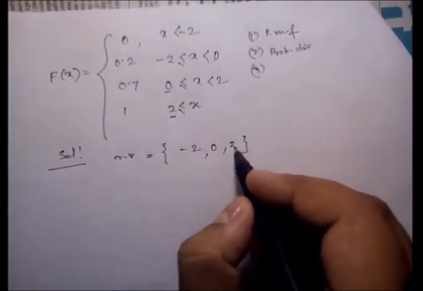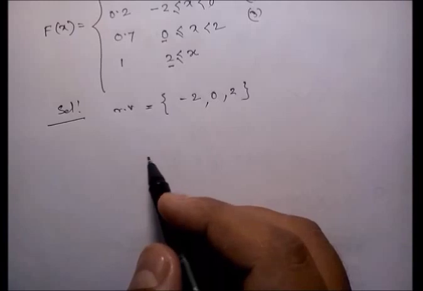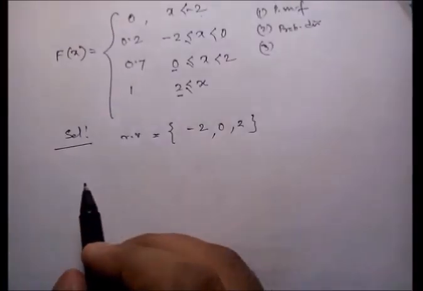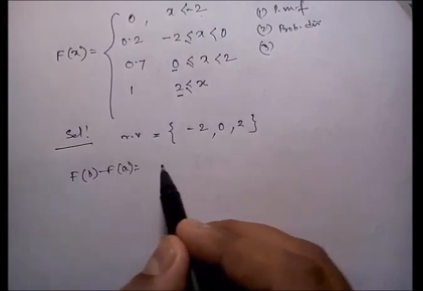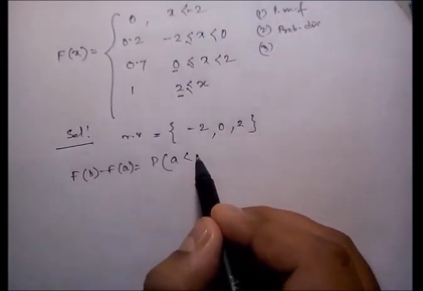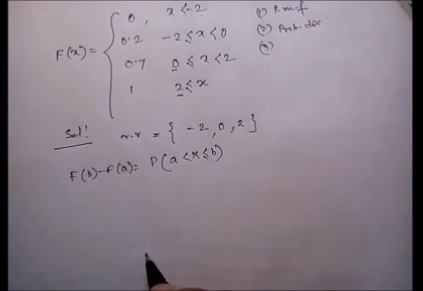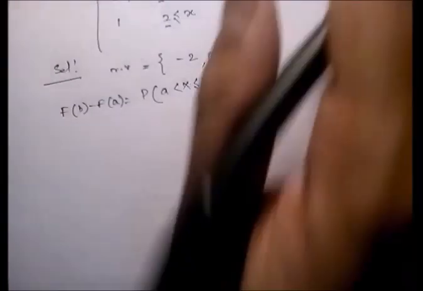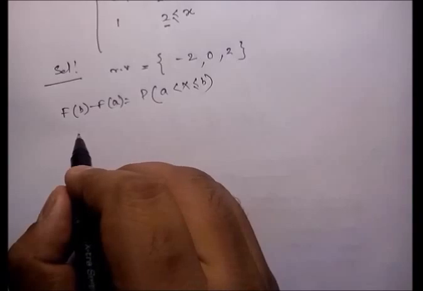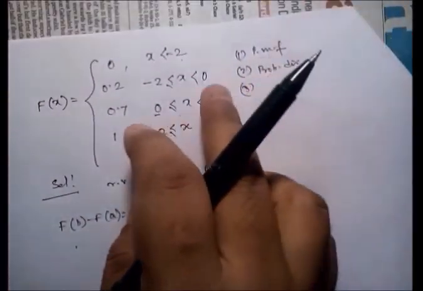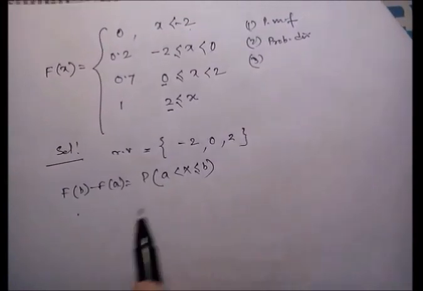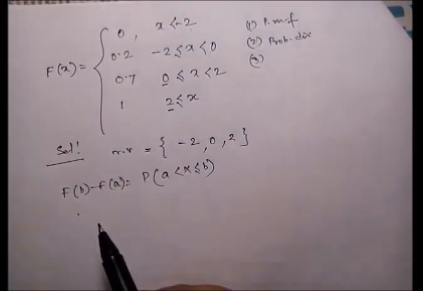Now we already know the formula: F(b) minus F(a) is equal to probability of X between a and b. Clear? So from this given data we can identify it this way.